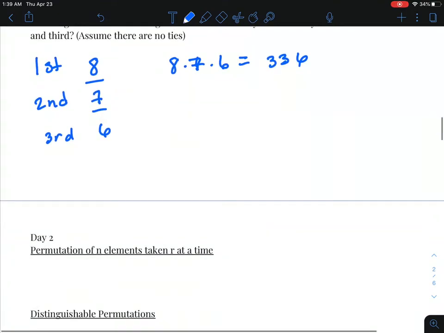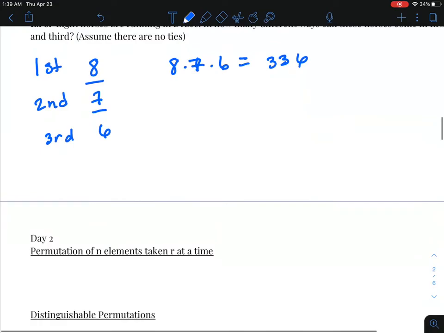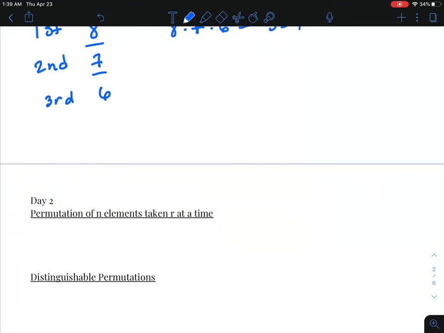Another way we can do this is if we take a look down here where it says day 2, we can use this formula right here: nPr equals n factorial over n minus r factorial.